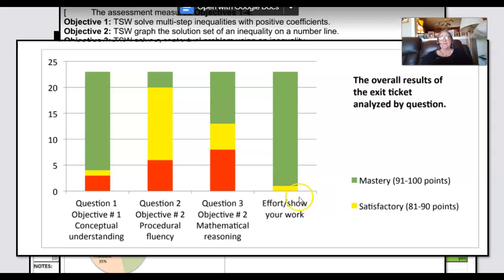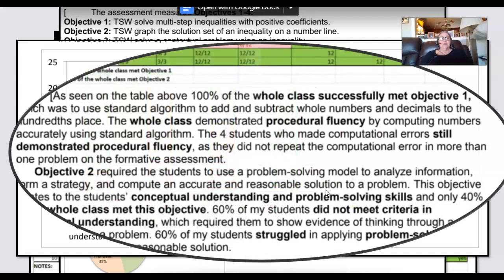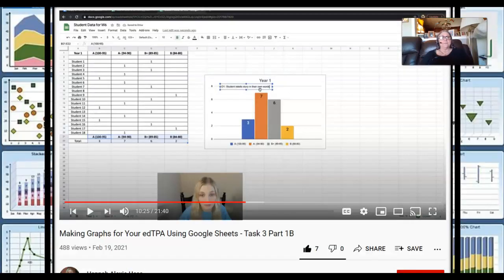Showing your work and effort are not objectives that you would be assessing. But it's okay that she included it. It didn't hurt her score. It's just not necessary. I would stick to just these 3 things. And then, of course, a summary that explains it is a really good idea. I would make it a short summary because you're going to do a lot more explanation in the next part.